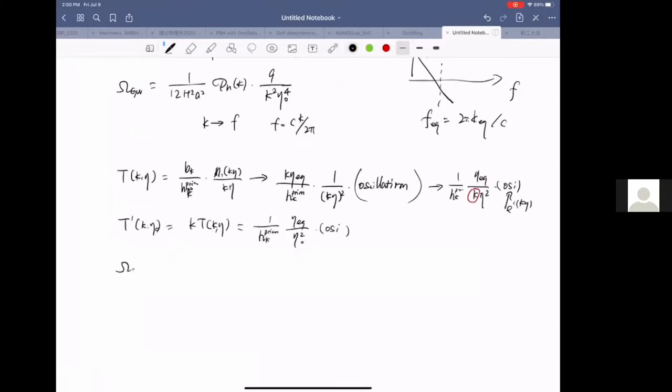Which means that the omega GW in the short wavelength mode is a constant. I mean, a constant with respect to the frequency.